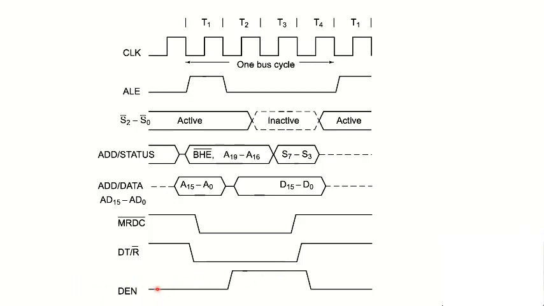In minimum mode it was DEN bar. The whole operation is the same as it was in the minimum mode system. So this was all about the read operation, the read timing diagram.